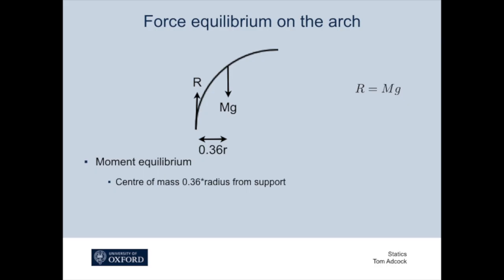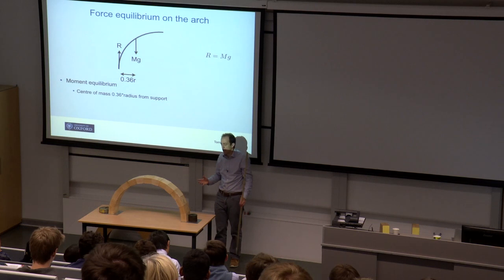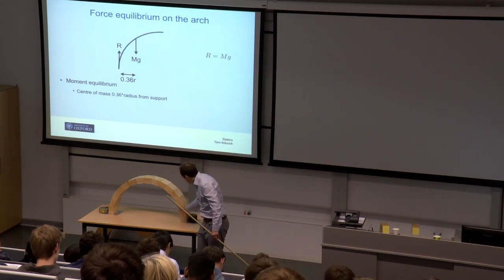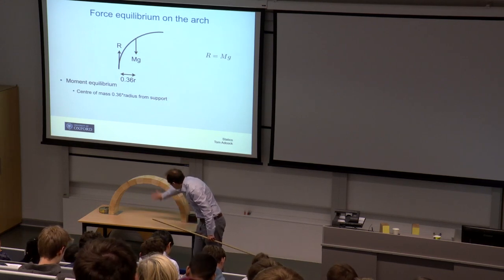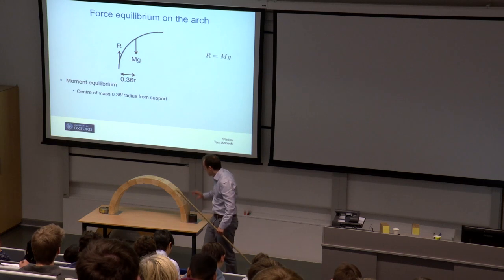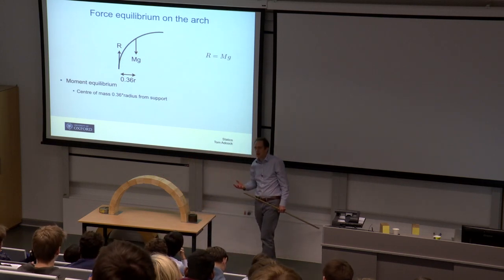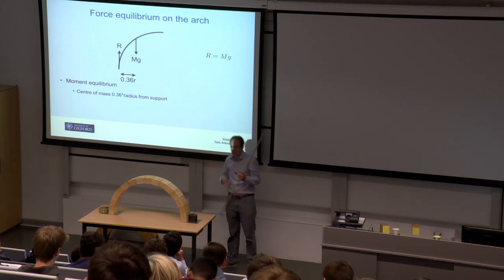So if we think about what the moments are about the base of this structure, we have this mass which is acting at the centre of mass of the structure, and so if we're taking moments around here, this structure is trying to fall inwards, fall downwards like that. We need to apply something to stop it doing that. But the first thing we need to know is where actually this force pulling it down is acting.